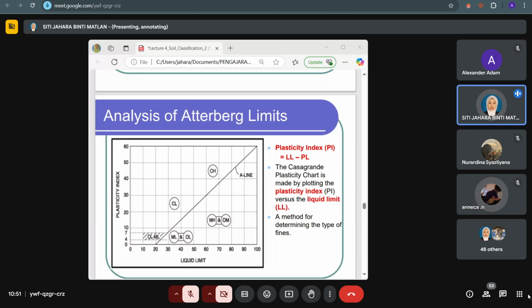M stands for silt, L stands for low plasticity. MH, M is silt, H is high plasticity. Okay, and OL represents organic silt. OH is organic clay, meaning high plasticity organic clay.